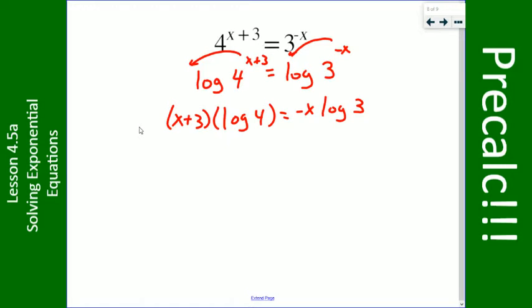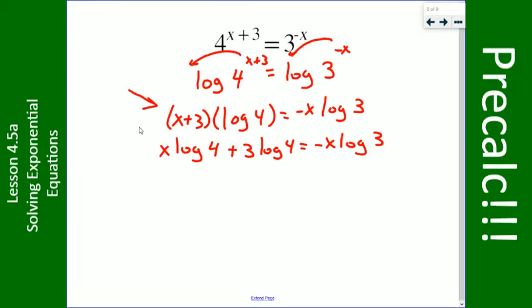Okay, so this is what we want to look out for. If we have any sort of terms like this, where we have a bunch of stuff times our logarithm, that's where we want to distribute. So go ahead and distribute, where we have x log base 10 of 4 plus 3 times the log base 10 of 4 equals negative x log base 10 of 3.